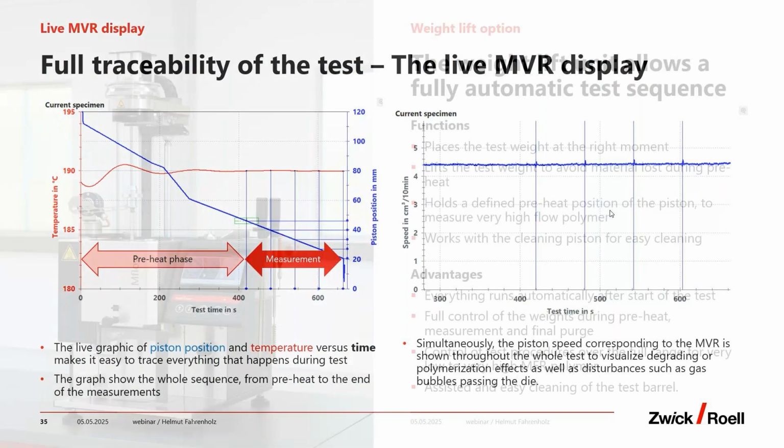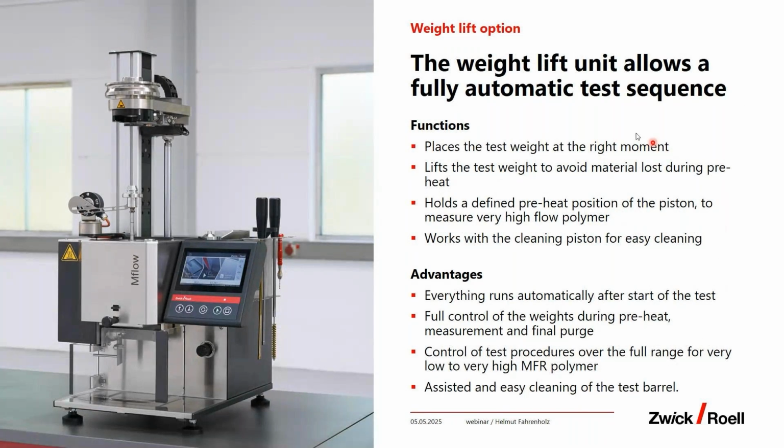Yeah, the weight lift allows you a completely automatic sequence. So you put the weight you want to use here, and there is a pneumatic lifting mechanism that places the weight at the right moment. It can lift the weight if, in the preheat time, the material runs out too fast and you risk losing the material, so it will automatically take it away.